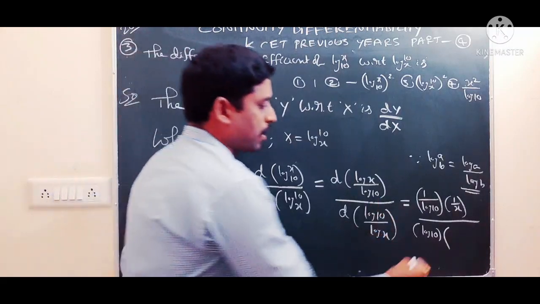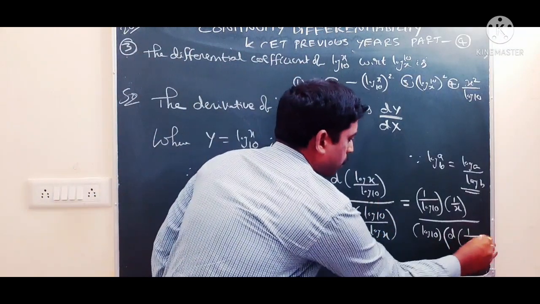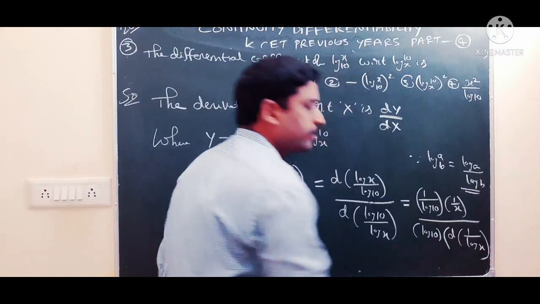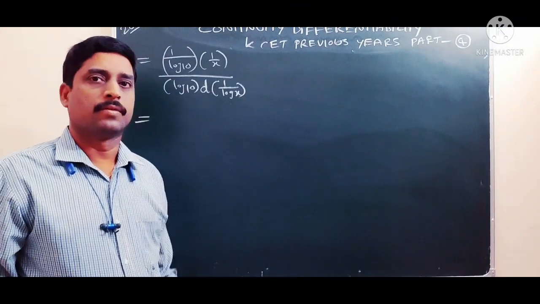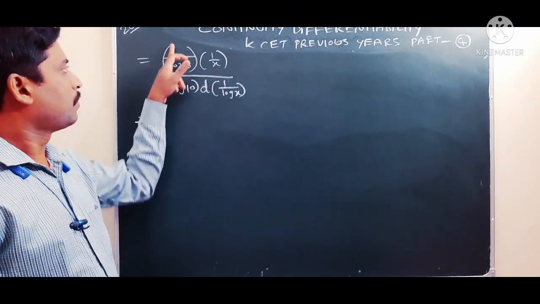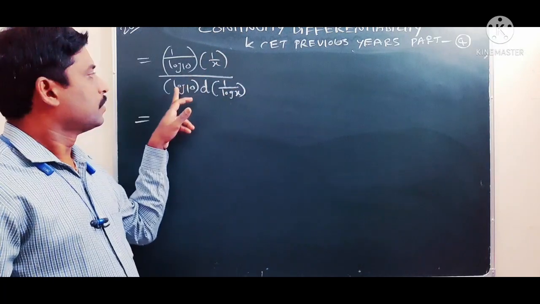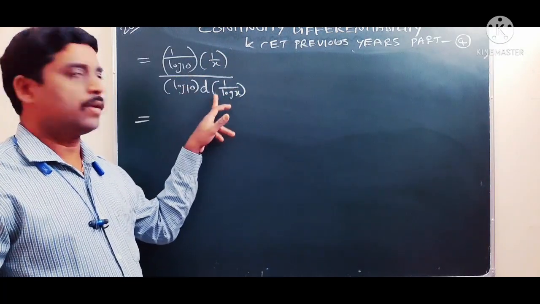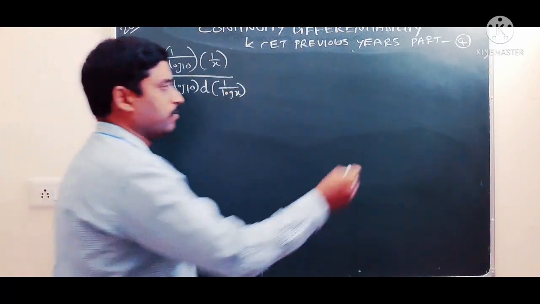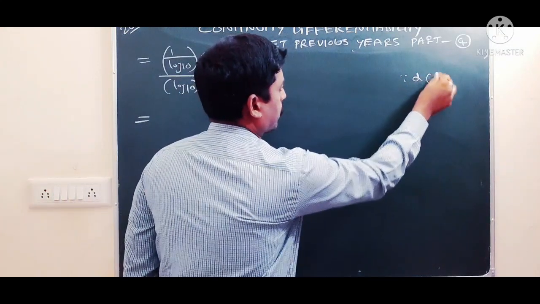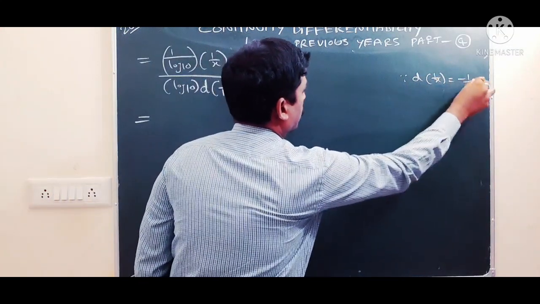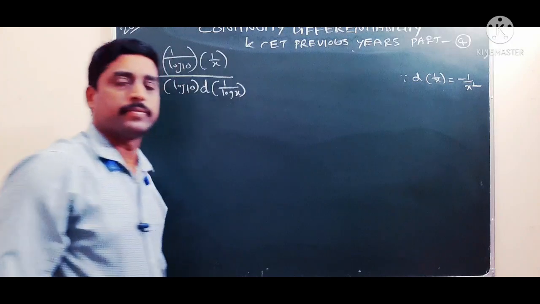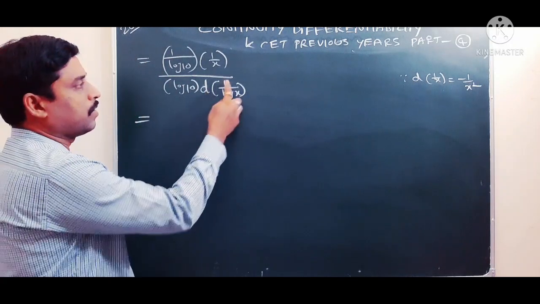Continuing, 1 by log 10 into 1 by x, divided by log 10 into derivative of 1 by log x. We have derivative of 1 by x is equal to minus 1 by x square.